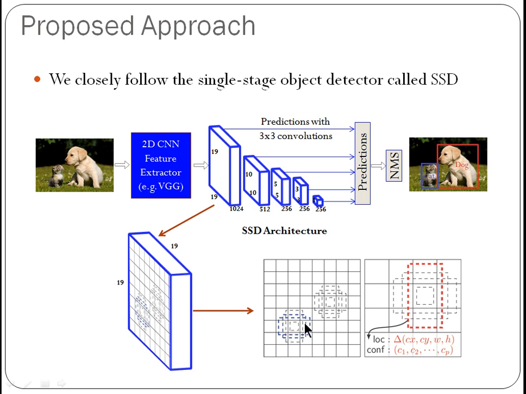So these bounding boxes basically differ in scale and aspect ratios to cover different orientations of objects and scales. So for each default bounding box, SSD predicts the probability of the bounding box to contain an object of a specific category and also predicts the box offsets such as the center X, center Y, width and height offsets of the box.